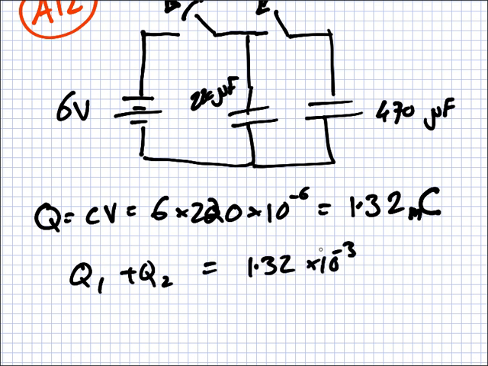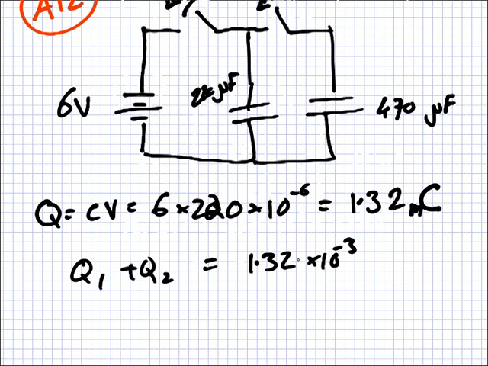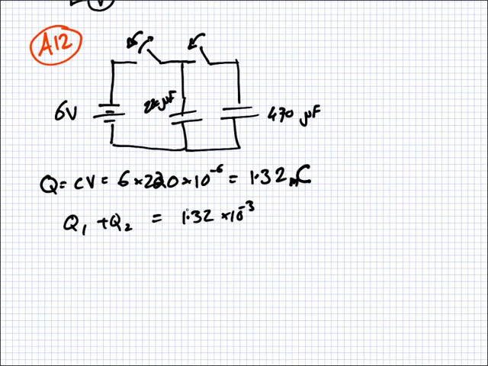Now, do we know the voltage? It must be equal. So Q1 over C1 equals Q2 over C2. Switch A is open and B is closed.